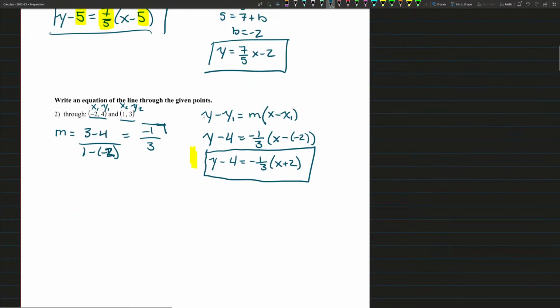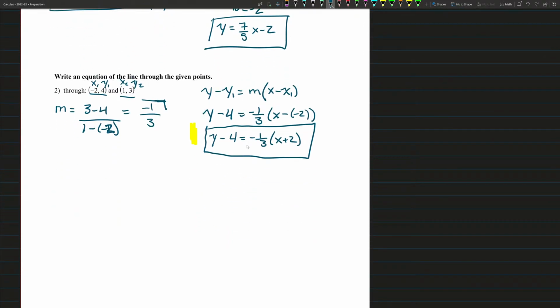All right, there's another way you can do this. So I used point slope form on this. You could also use slope intercept form, right? So we still need slope, so this is still important. But we could plug into slope intercept form, right? So I could choose one of these points. I'll do this in a different color. I'll choose x2, y2. It doesn't matter which. And I can plug that into y is equal to mx plus b, right?